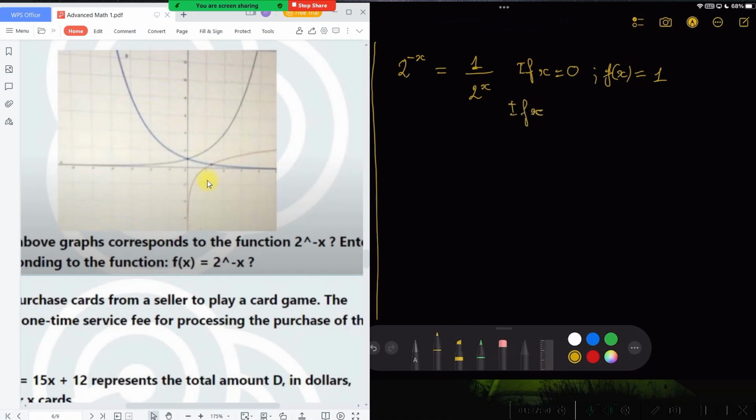Oh my God, I hate looking at past paper sometimes. Sometimes the image quality of these past papers is really low. If x equal to 2, f(x) equal to 1 over 1/4, which is 0.25.